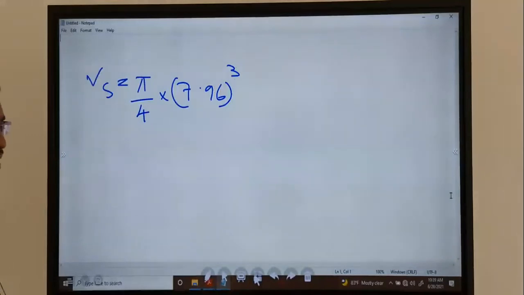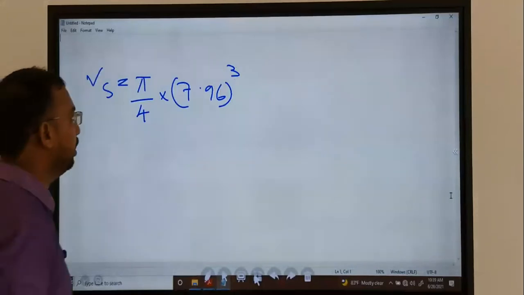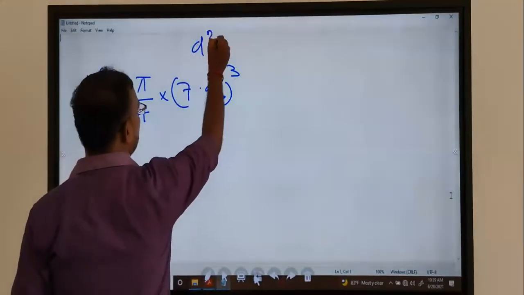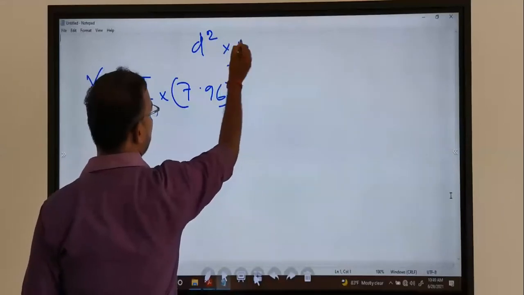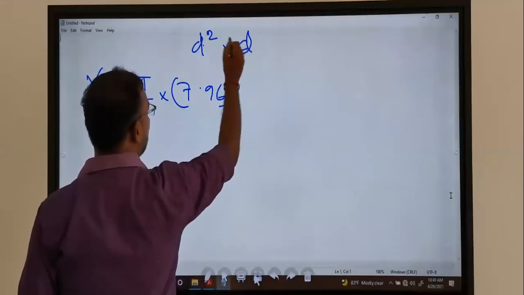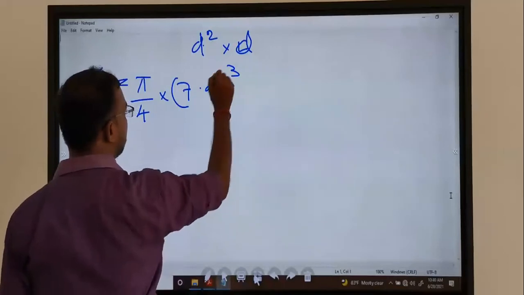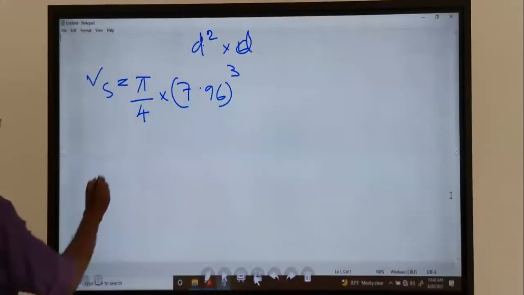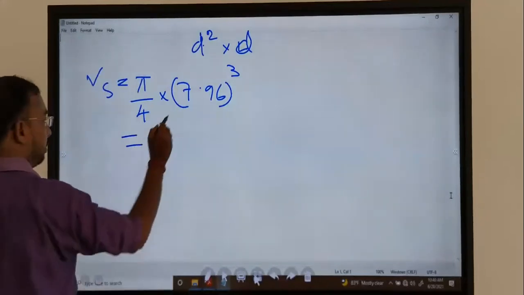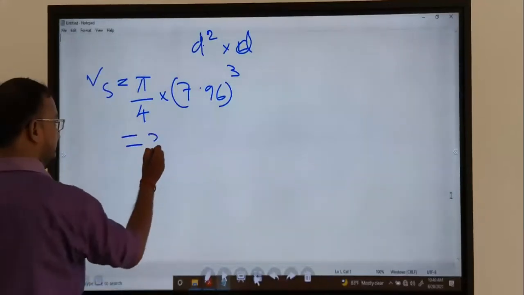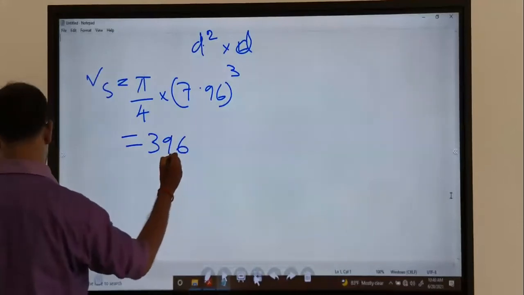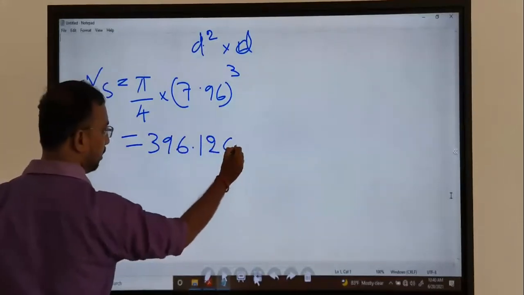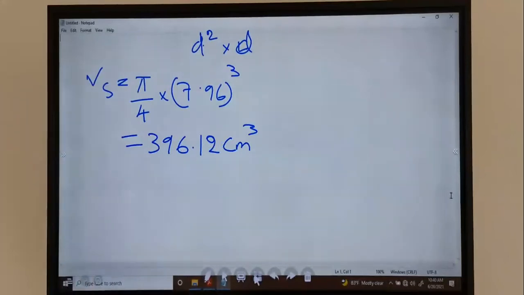The bore and stroke are both the same, so D squared into L, and L is also the same as D, so D cubed. So here 7.96 cubed, I put straightly. This answer is in centimeters, be careful. 396.12 centimeter cube. So this is the stroke volume.